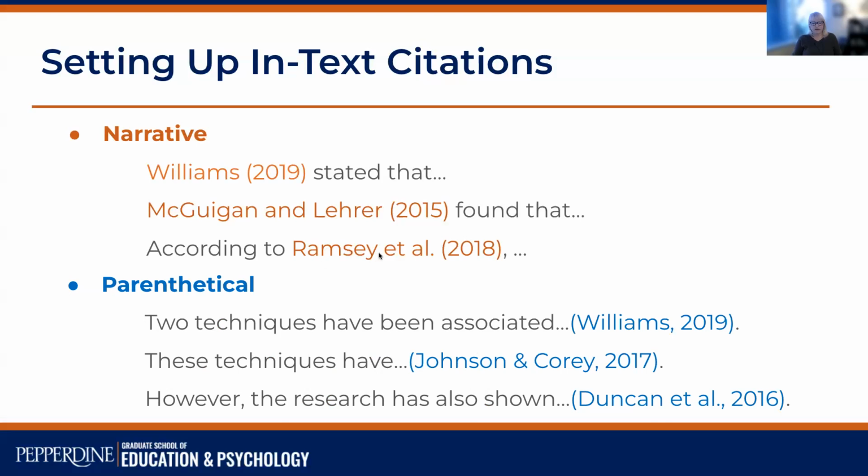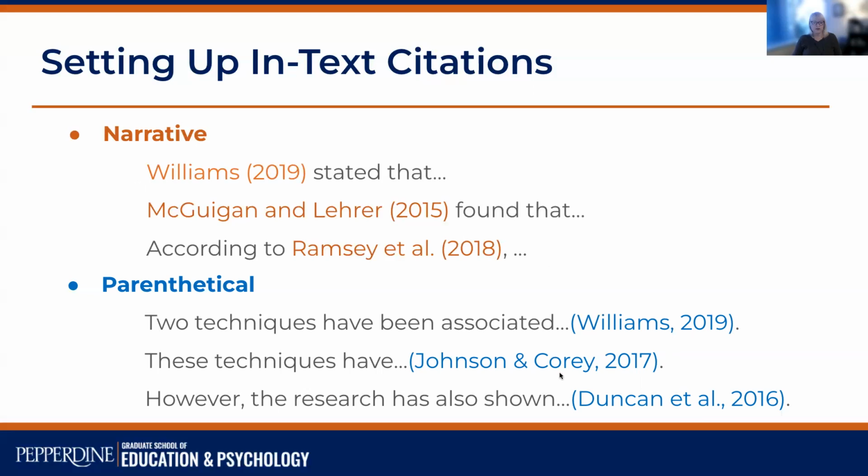But with both of them, from the very first time you mention this source, if there are 3 or more authors, you use the last name of the first author and this Latin abbreviation et al. And you just spell it ET space AL period. And it looks the same down here, it's just within that parenthetical citation.